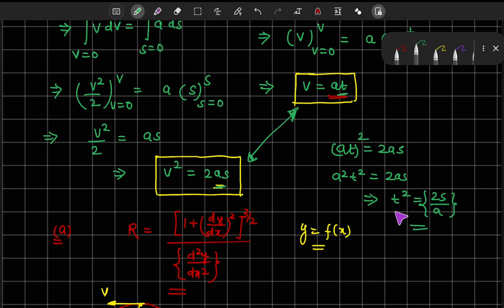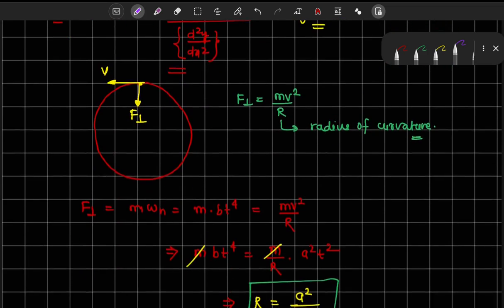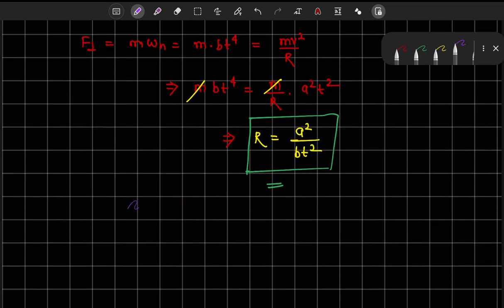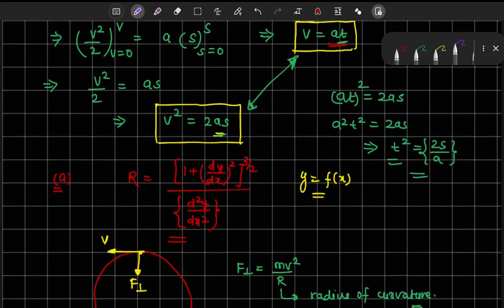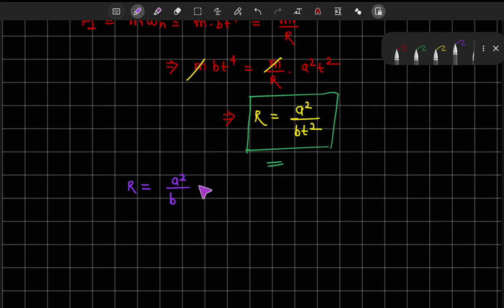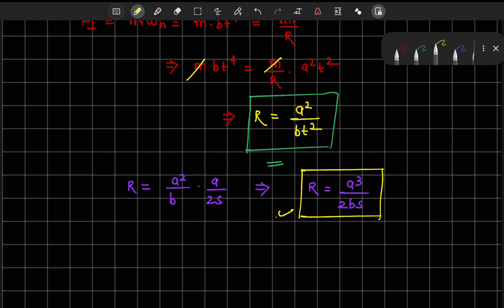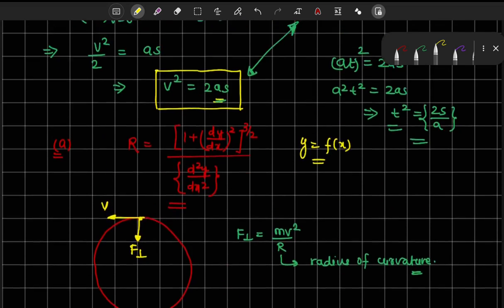Okay, let us substitute the value of t square, and we will get r is equal to a square by b into, and t square is equal to 2s by a, so that means a upon 2s. So from here we can write the radius of curvature is equal to a cube divided by 2bs. So this is the expression of radius of curvature we got in terms of distance.